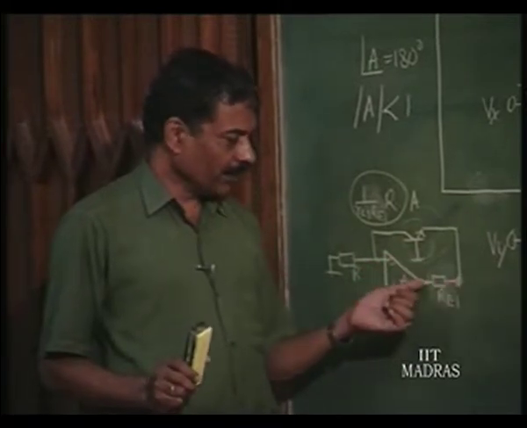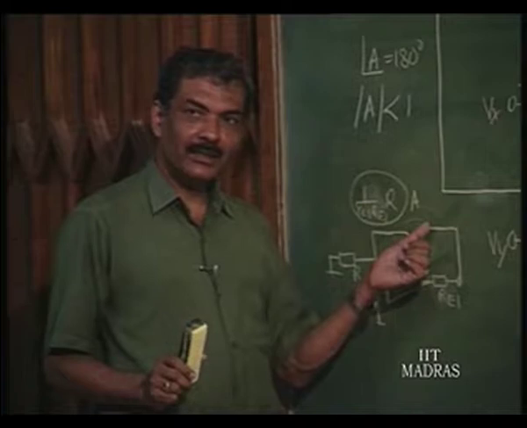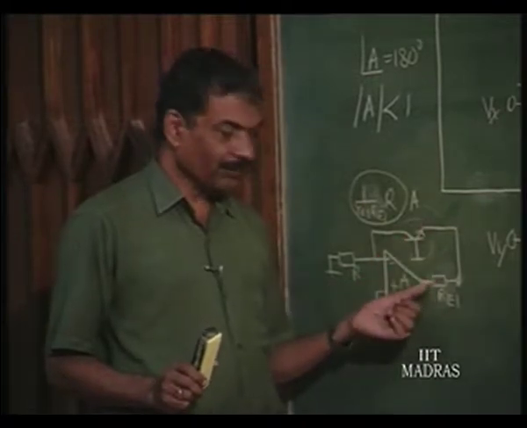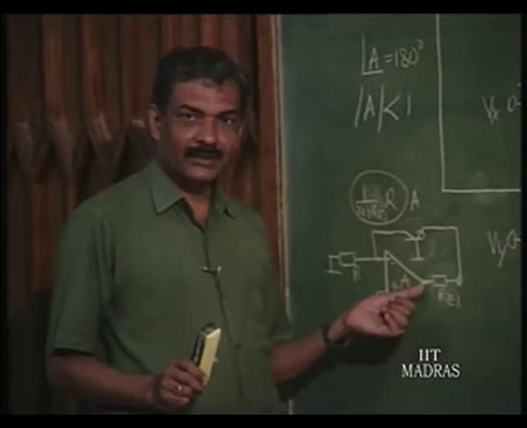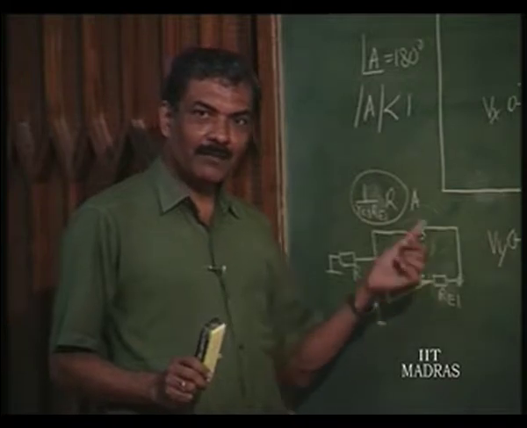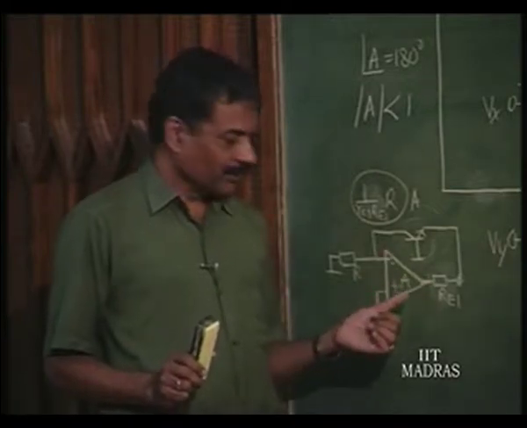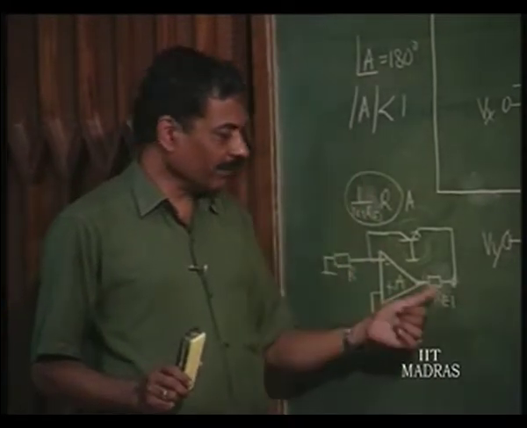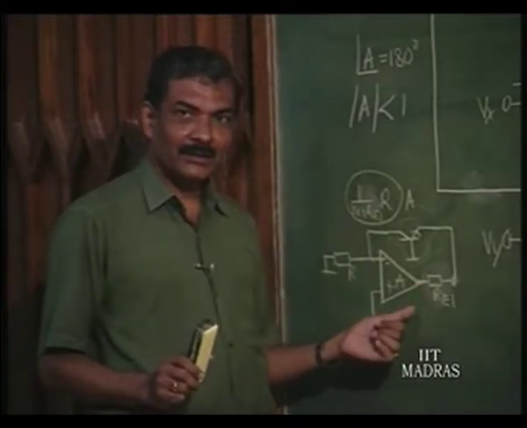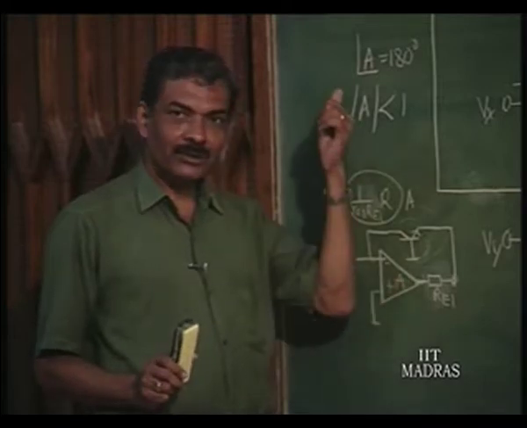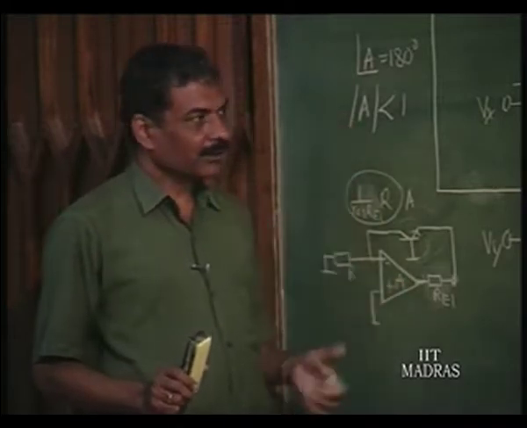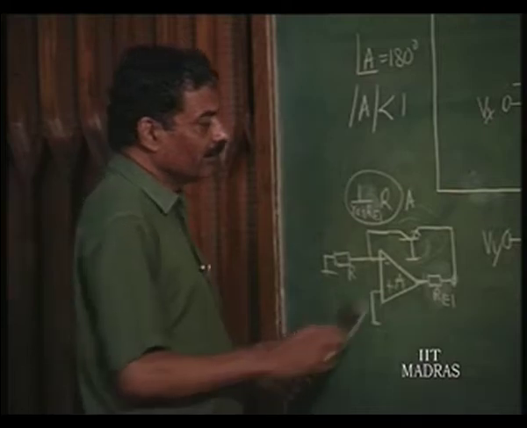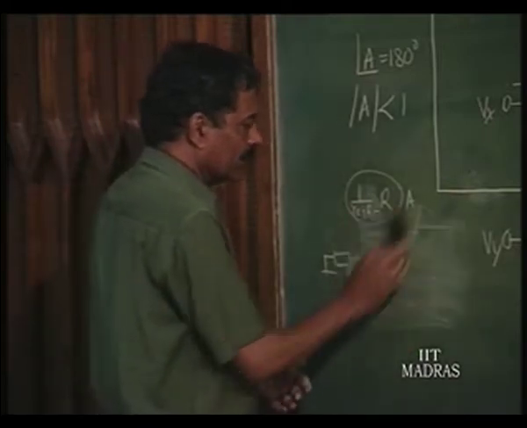Normally, if you have not put a resistance here, the voltage would have been the diode voltage, but now that you have put a resistance, this voltage has to rise up to 1 milliampere into Re1. That should not go up to the supply voltage. That means Re1 cannot be increased so much that it goes up to the supply voltage. So, this is the limitation of this circuit.